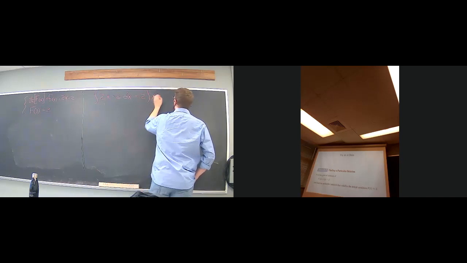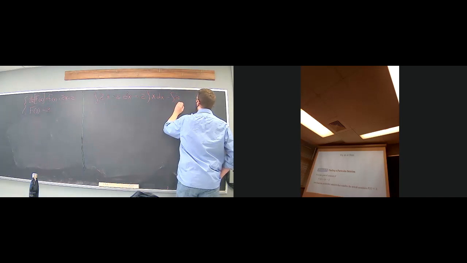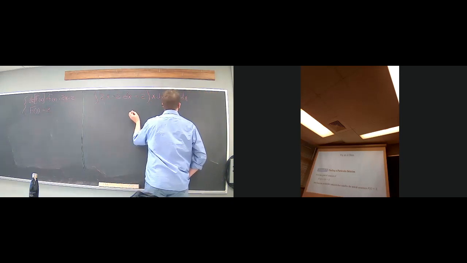So integrating 2x minus 2 dx is 2 times the integral of x with respect to x, minus the integral of 2 with respect to x. This is going to come out to be 2 times 1/2 x squared minus 2x plus c, right?